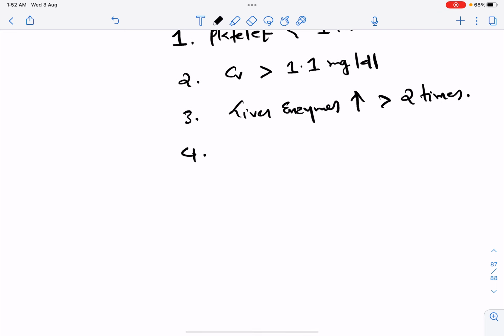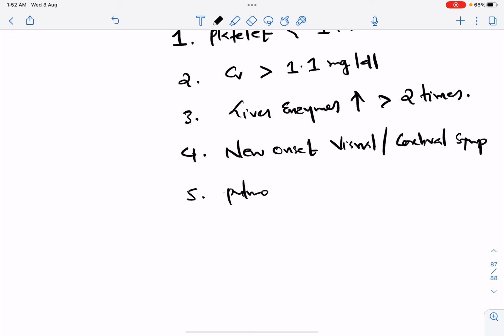Or a new onset visual or cerebral symptoms, that is focal neurological deficit, or pulmonary edema. Okay, these are the signs of end organ failure.